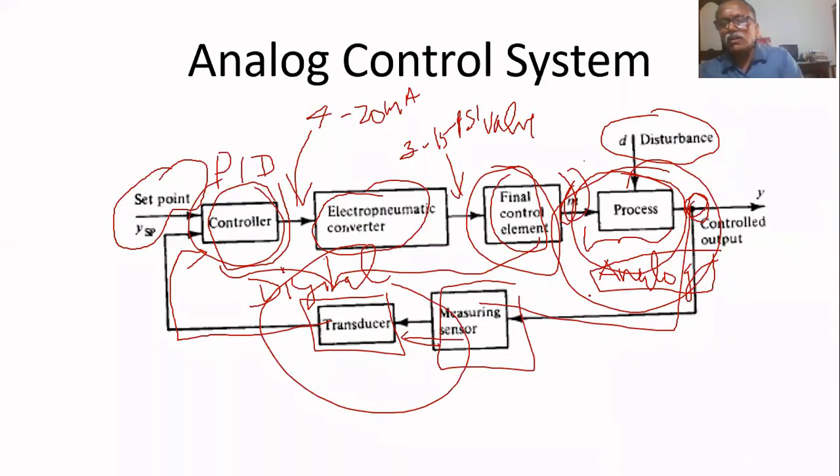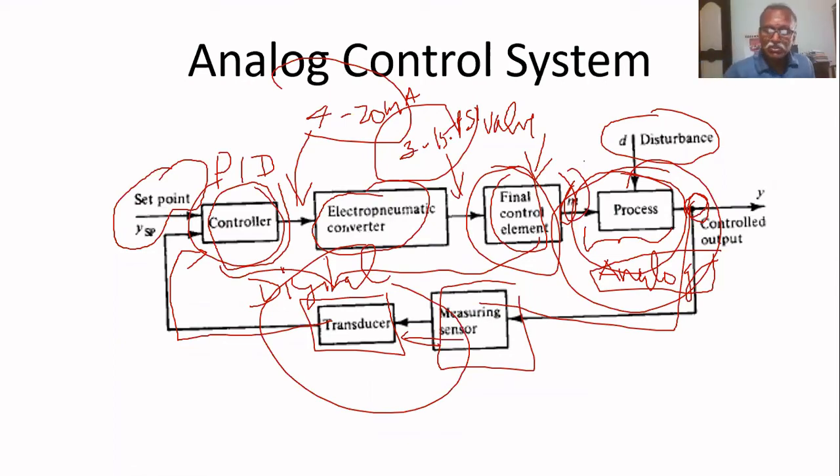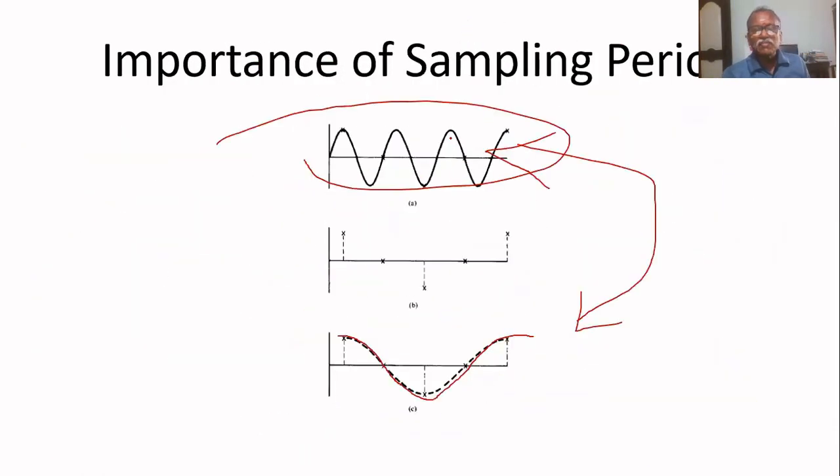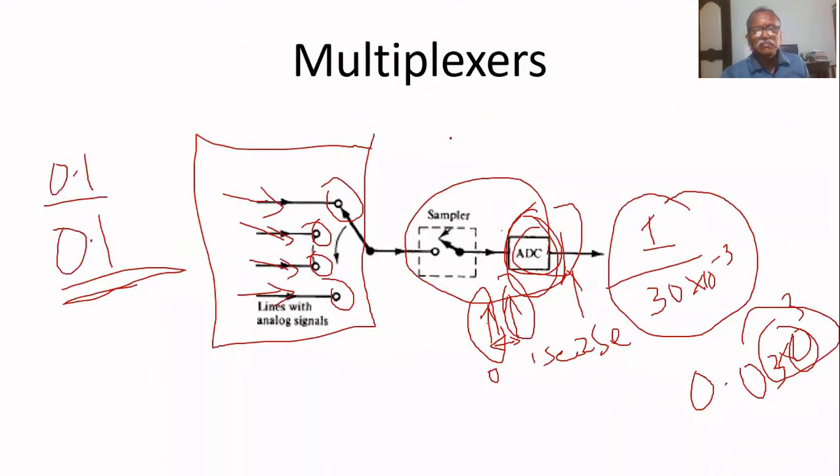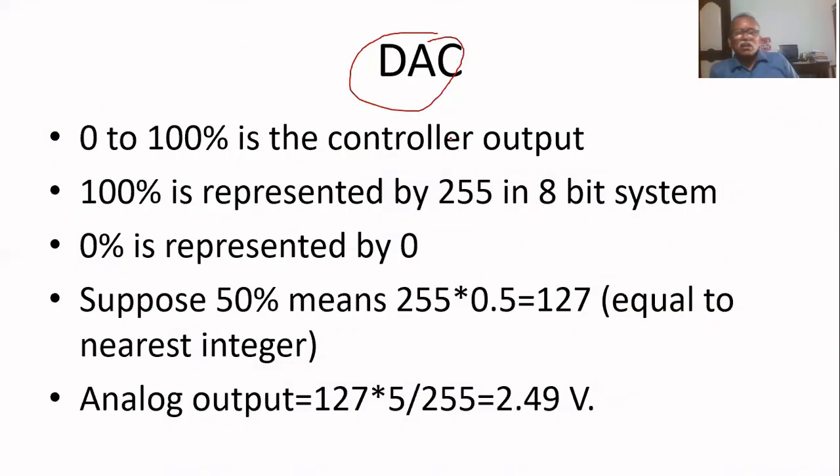So somewhere here, it should be converted into an analog signal to operate the valve. To operate the valve, you need an analog 3 to 15 psi signal. So here the output is digital, there it is analog. If it is a digital controller with digital input and output, it should be converted to analog 3 to 15 psi to operate the valve. Finally it should be an analog value. For that we need a DAC, digital to analog converter.